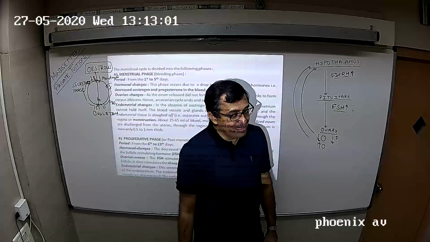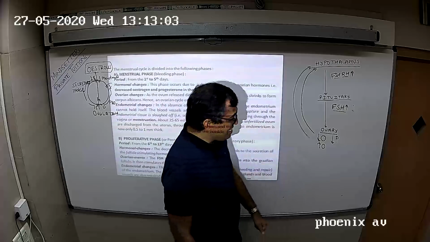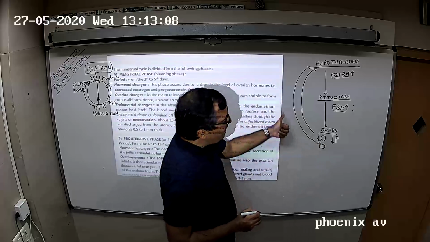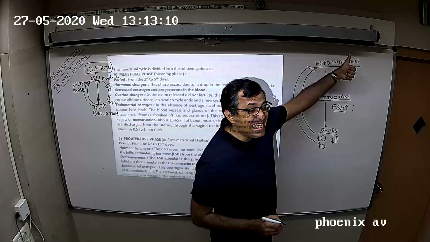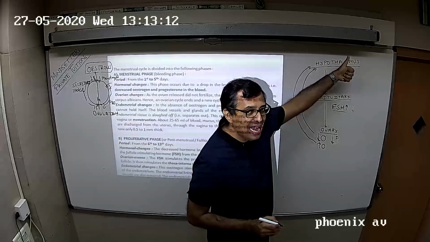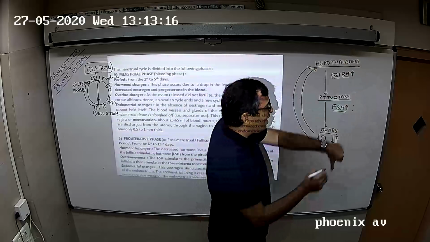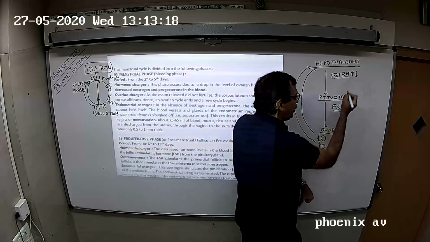So estrogen levels will become high. But now high levels of estrogen will give a negative feedback to the hypothalamus, and hypothalamus will stop giving FSH-RH.